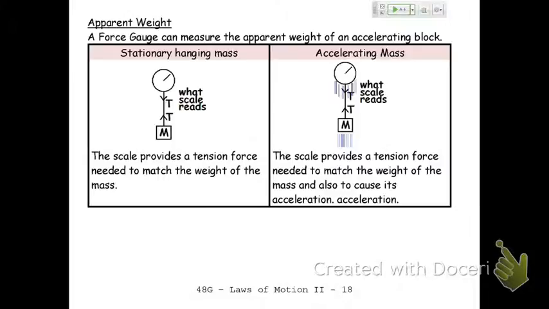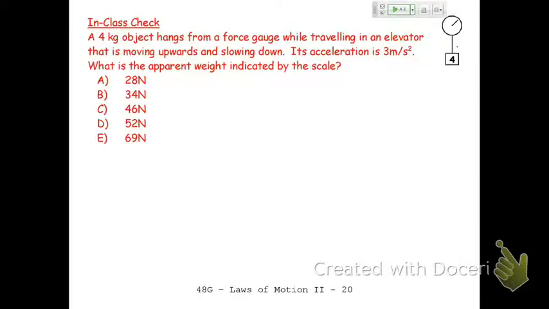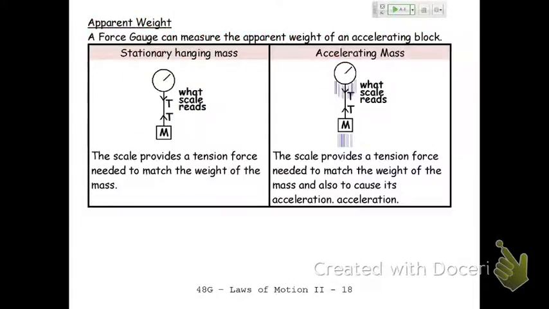This last bit is apparent weight, and it's kind of interesting. It's intriguing, but it involves some deeper understanding of how some of the apparatuses work. So we have a scale. I went fishing and I grabbed hold of a force meter, sometimes called a Newton meter, sometimes called a spring balance. And amazingly, I caught a fish.